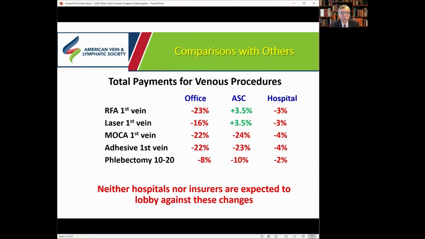So if you're doing an RFA or laser, you actually get reimbursed more in the ASC. And take a look in the hospital. They have cuts, but they're very small compared to what happens in the office. So because of the lesser effect on ASCs and hospitals, neither they nor insurers are really lobbying very much against these changes.